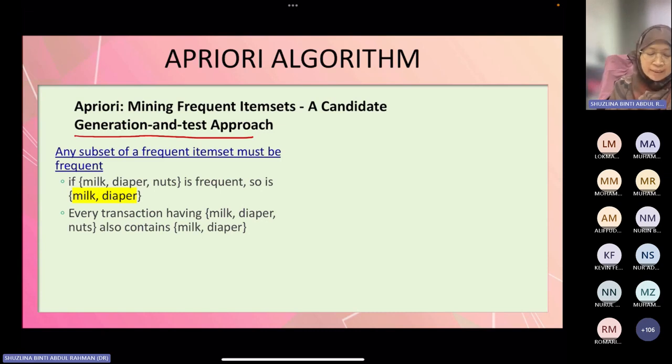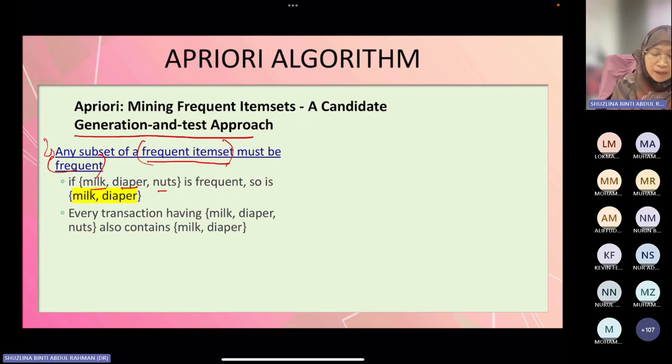And then it says that any subset of a frequent item set must be frequent as well. So in other words, if we have this set of milk, diaper, and nuts as frequent, so are the other subsets from this frequent item set.